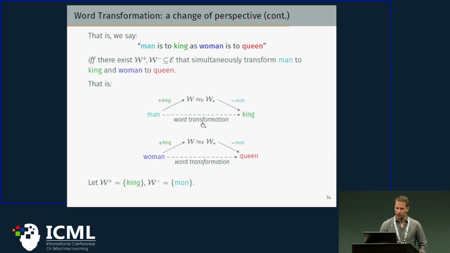And so this holds trivially. What we're saying, though, is that those same words must also fulfill this transformation. So woman plus king should paraphrase queen plus man. So we're interpreting this mathematically and saying that it is true if there's a paraphrase that holds between woman and king and man and queen.